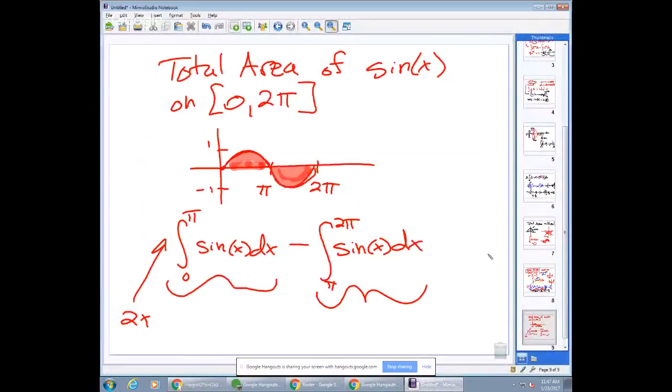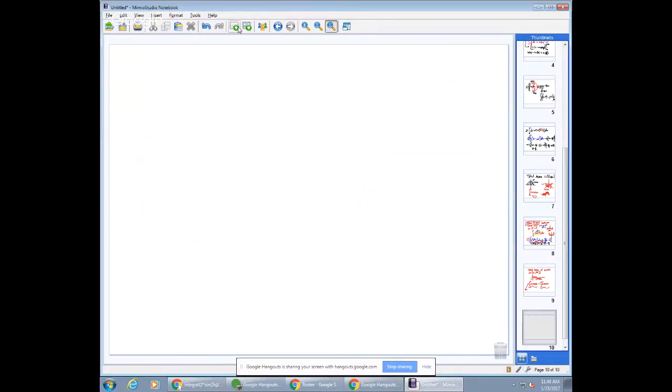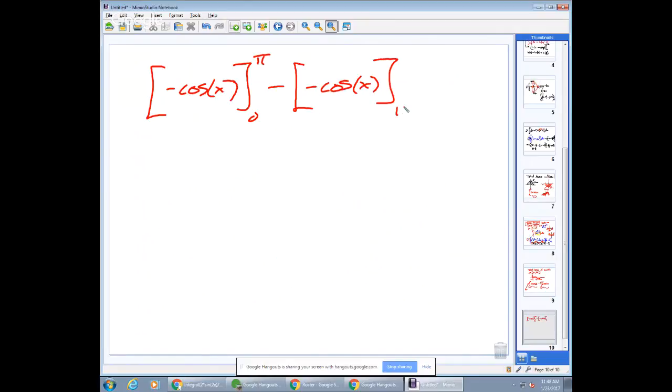Every once in a while, it's a good thing to refer back just to make sure you got it right. So negative cosine is the antiderivative. Evaluating the first part, I have the negative cosine of x evaluated from 0 to pi, minus the negative cosine of x evaluated from pi to 2 pi.